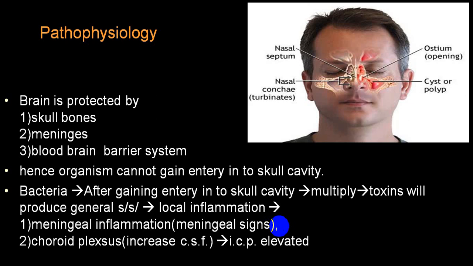Inflammation of choroid plexus will give rise to increased CSF production. Increased production will lead to increased CSF accumulation, raised intracranial pressure, and later on it can end up with even herniation.